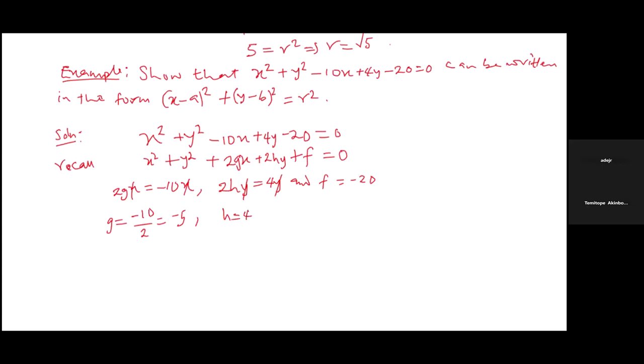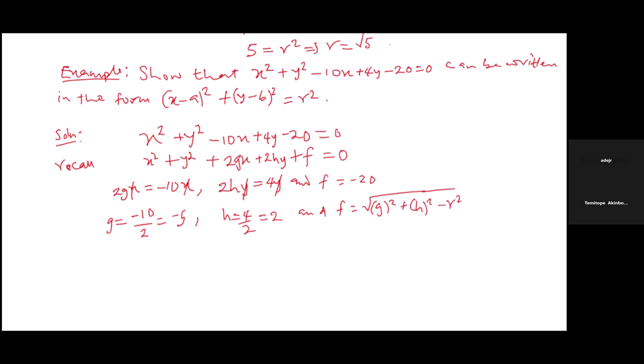And f is square root of g squared plus h squared minus r squared. Remember this.